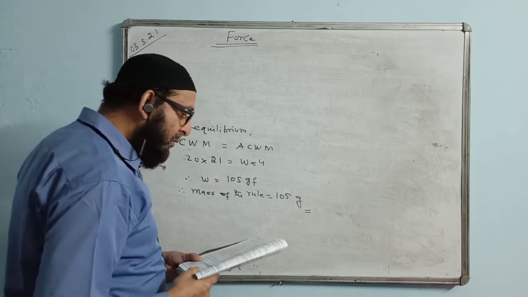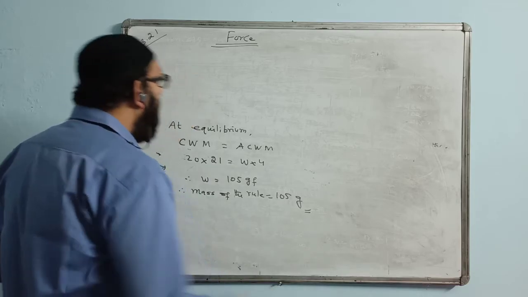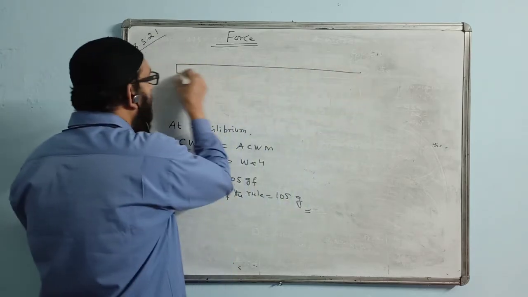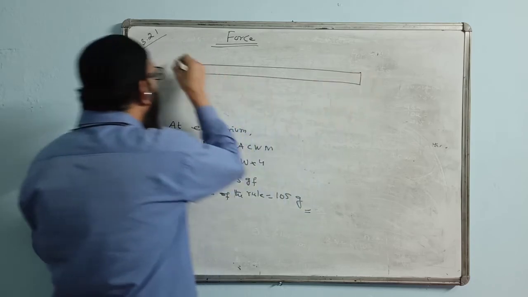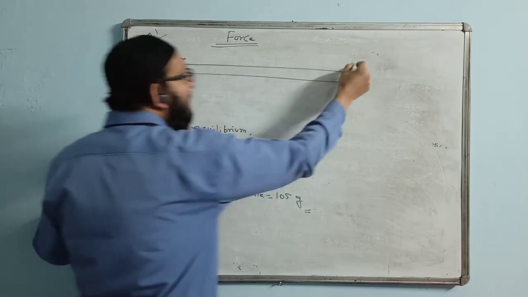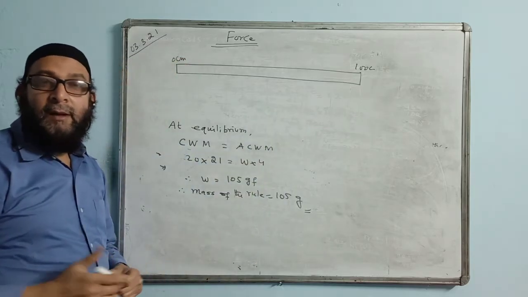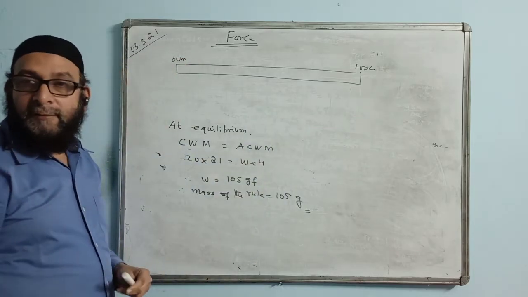Now another question. They are saying like this: there is a uniform meter rule, 0 centimeter to 100 centimeter, and the weight of the rule is given as 100 GF.